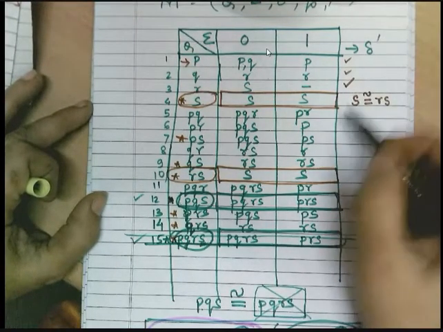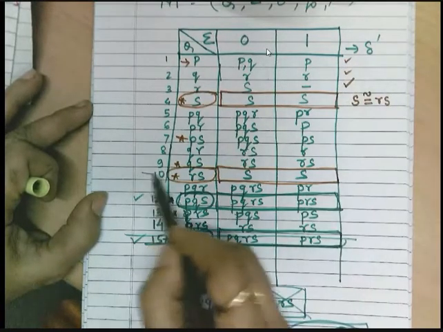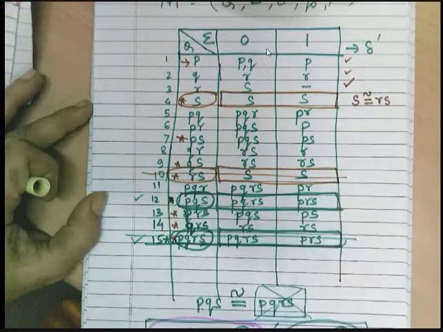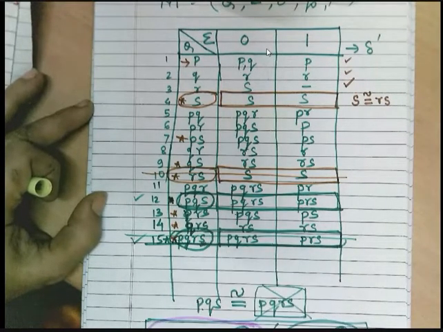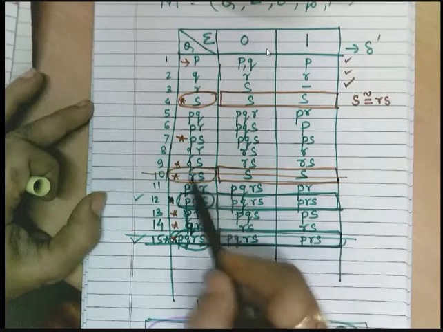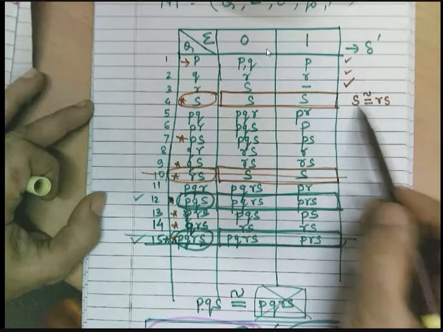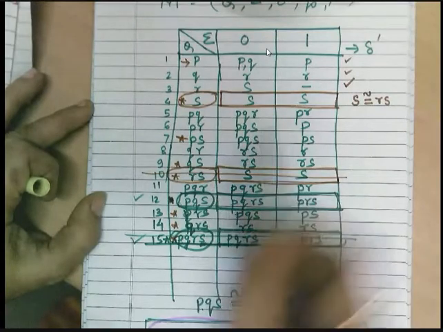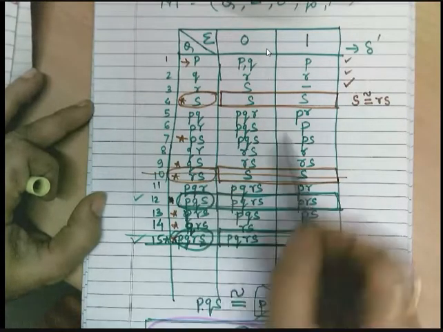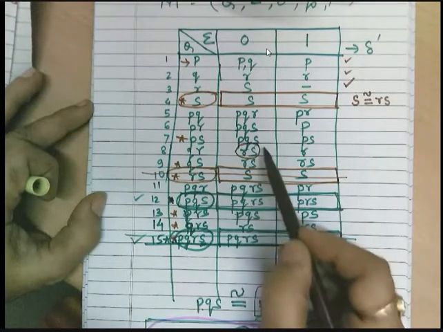Since this is equivalent, we will cut down this row. Now the problem is that since RS is included on this side, we have to replace all the RS with the equivalent state S. So first we search for RS. Where is RS? This is RS, so now this RS becomes S.